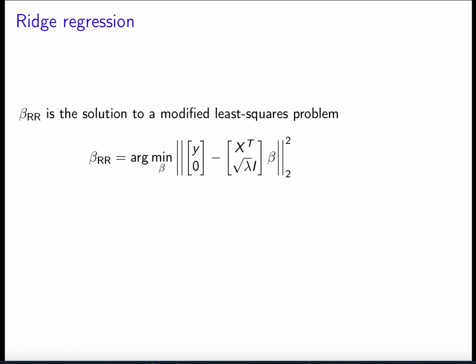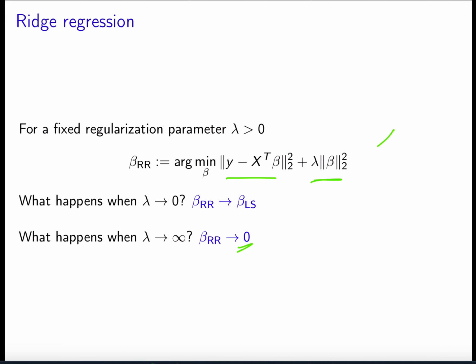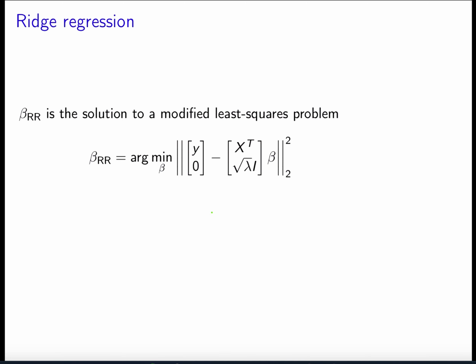Now, in order to analyze the ridge regression estimates, we realize that at the end of the day, we can write the ridge regression estimate as the solution to a least squares problem. Why? Because when you look at this cost function, you can write it exactly like this.